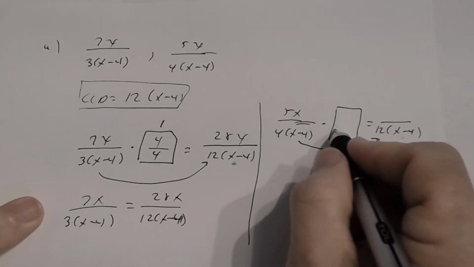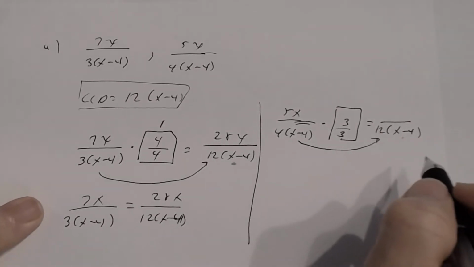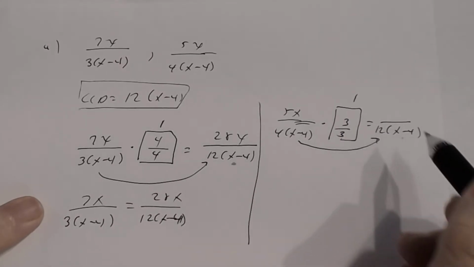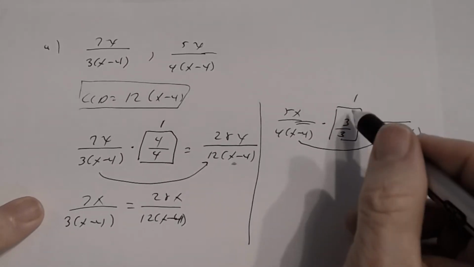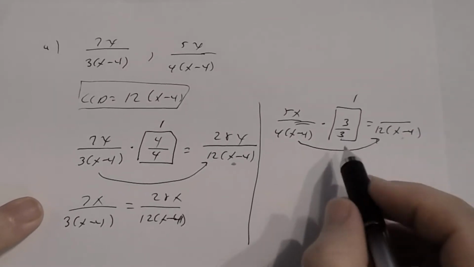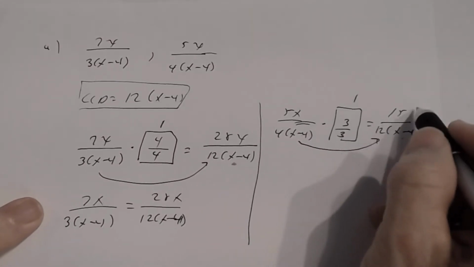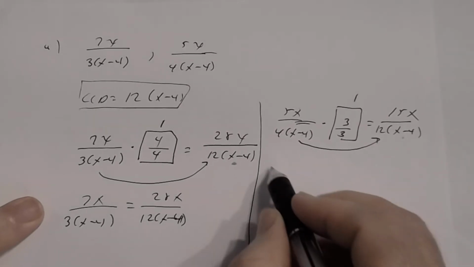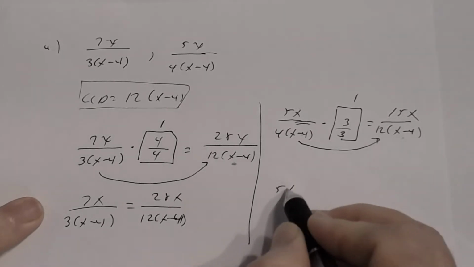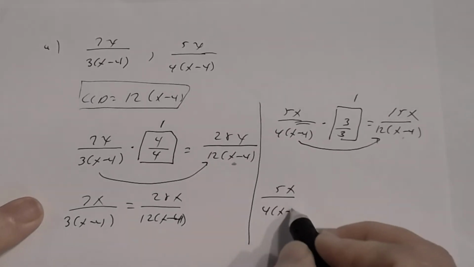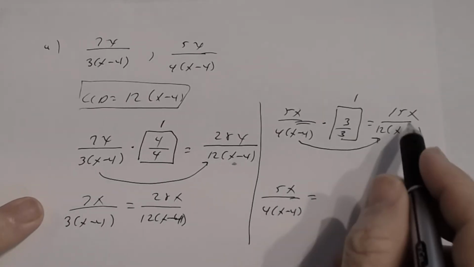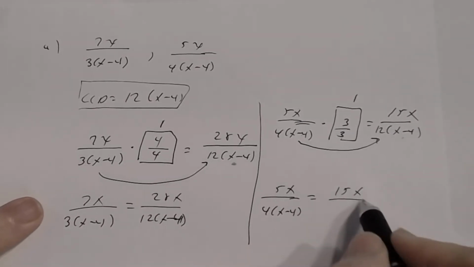So you multiply both numerator and denominator by 3 because that's the only way you can get that factor to be a 1. And so 5x times 3 will be 15x. All right. And so what you found is that 5x divided by 4 times x minus 4 is equivalent to this rational expression.